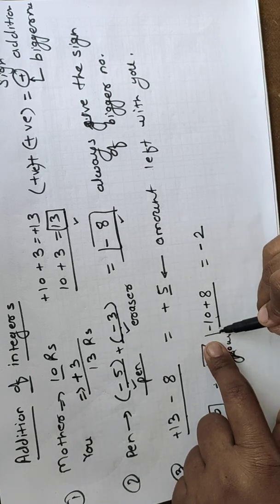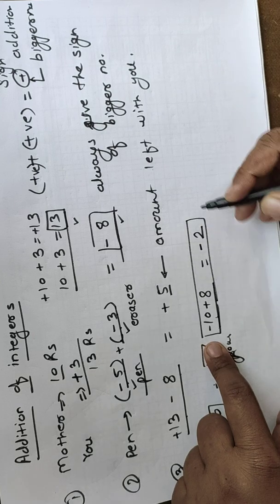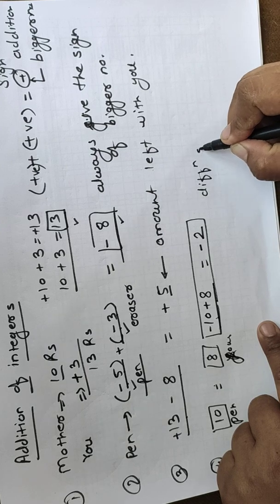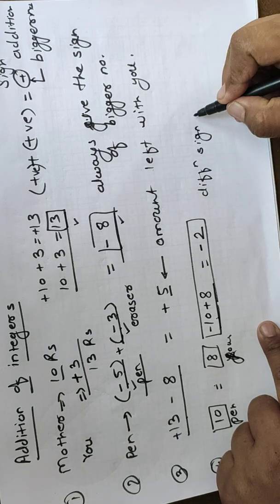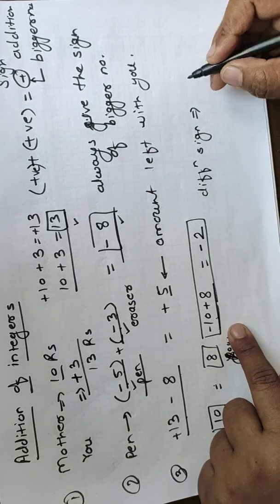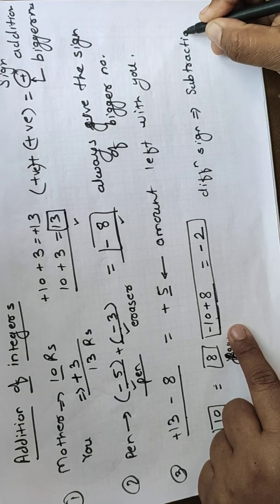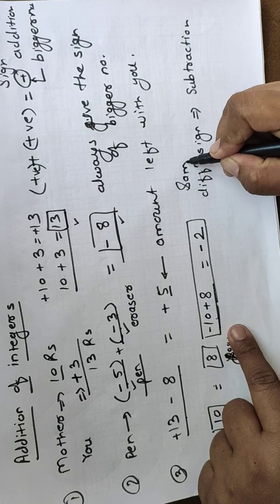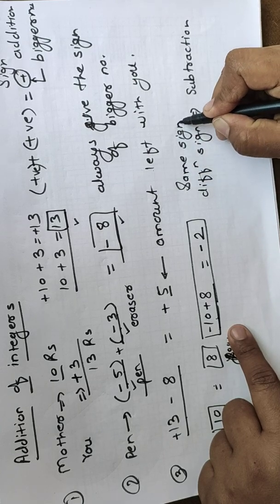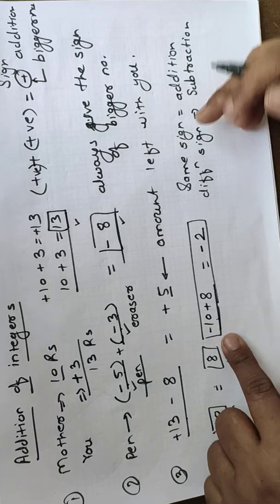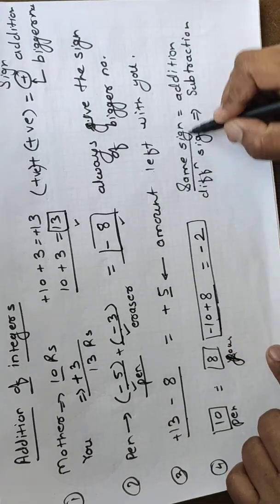Okay, so in this way, if the signs are different, which operation do we have to do? The signs are different, we have to do the subtraction. And if the same sign is there, what do we have to do? Addition of integers. Same sign, addition.